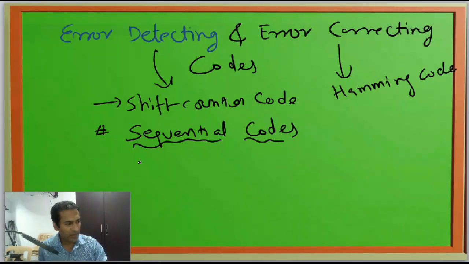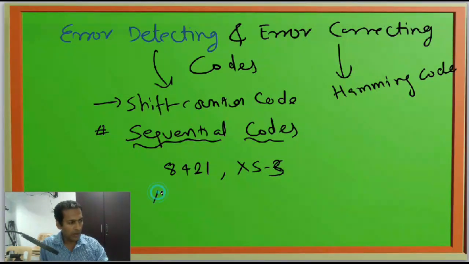Such a code facilitates mathematical manipulation of data. The 8421 or the XS3 code, these are sequential. The codes 5211, 2421 and 642-3 are not sequential.